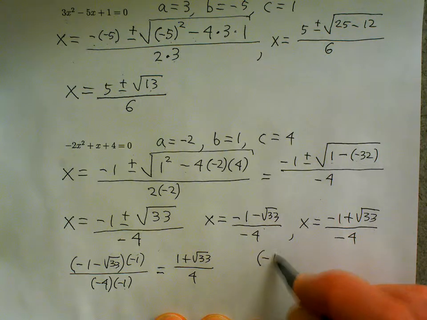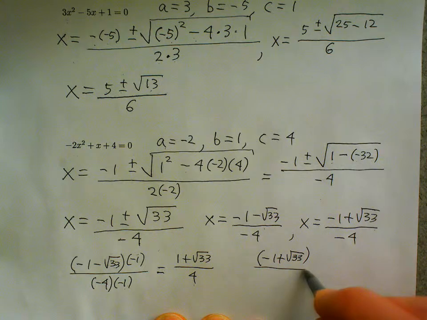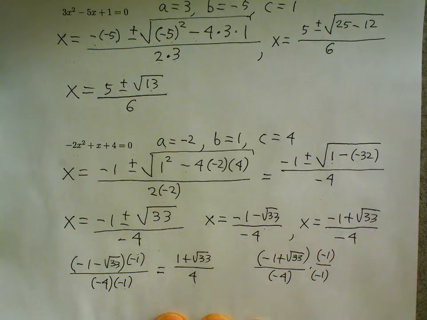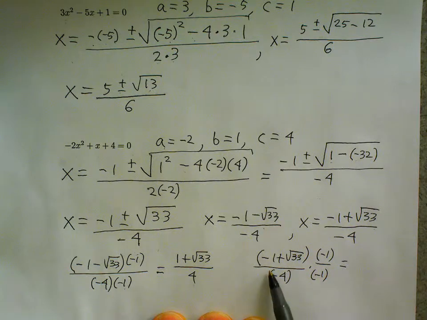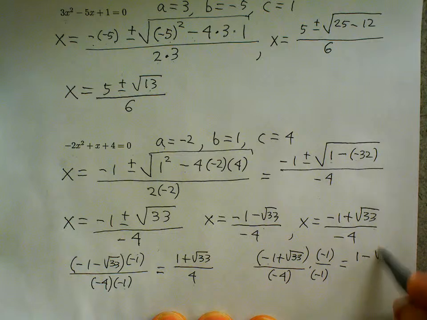Multiply -1 plus the square root of 33 over -4. Multiply that by 1 in the form -1 over -1. So this time we get -1 times -1 is 1, and then minus the square root of 33.